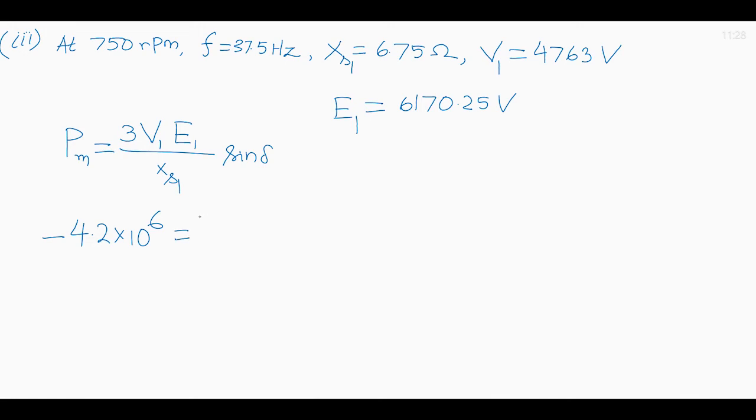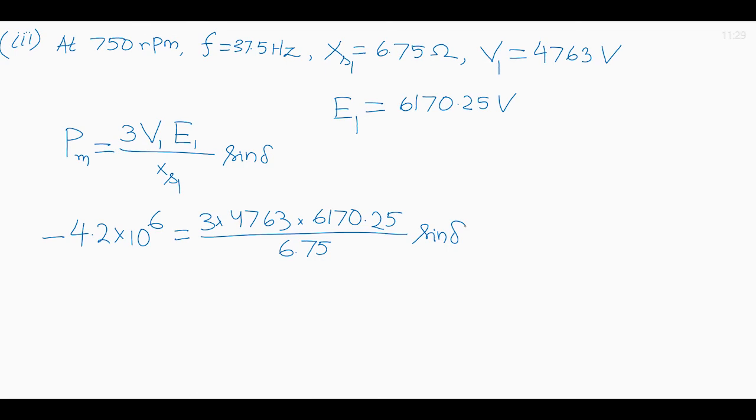So PM is 3, voltage V1 is 4763 into E1 is 6170.25 divided by 6.75 into sin delta.